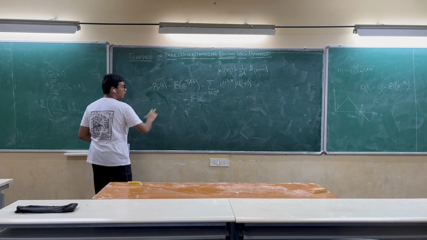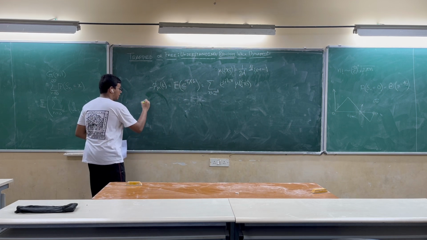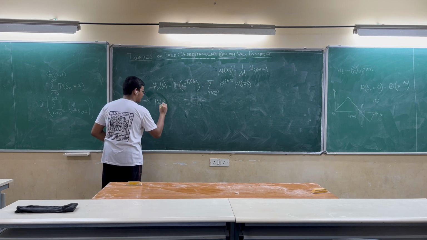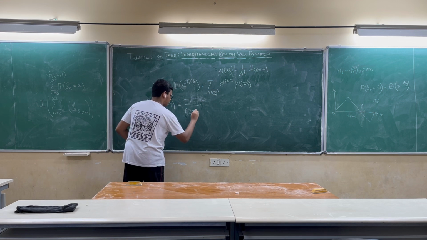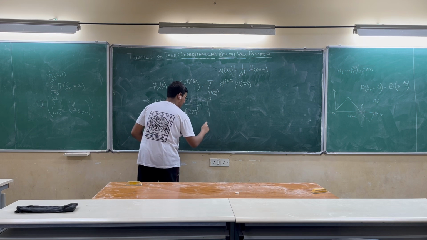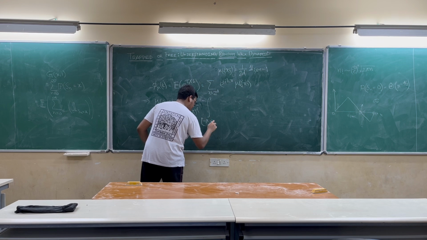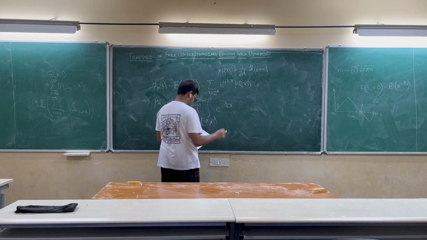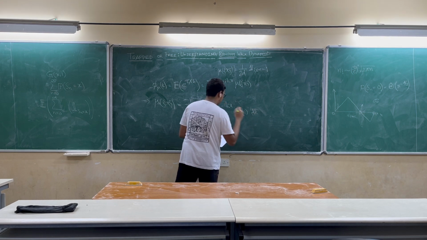And now we will retrieve the probability measure from this characteristic function by using the Fourier inversion formula, and the Fourier inversion formula is this.